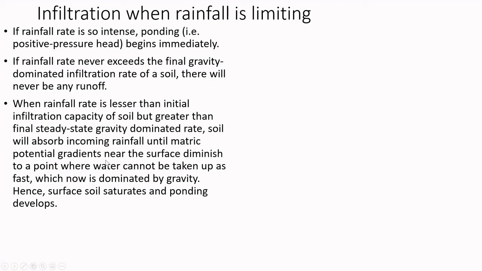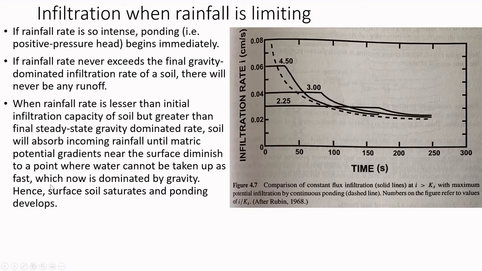But as the metric potential effect has weathered out, once the soil is fully saturated, only gravity effect is happening. But the rainfall rate is lesser than the initial capacity of the soil, but greater than the final steady state gravity rate. As a result, the surface soil saturates and then ponding starts to develop. Okay, that's what it means.